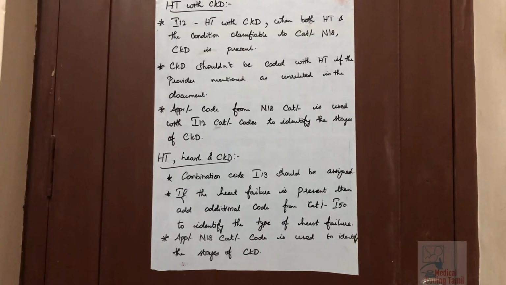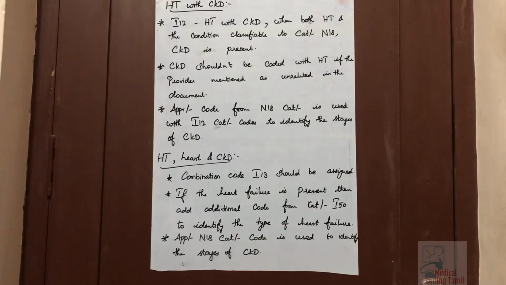So, if the hypertension and the CKD are related, then we have to give I12 codes and the appropriate N18 category codes to identify the stages of CKD. And if both hypertension and CKD are unrelated, then we should not code CKD along with the hypertension code.